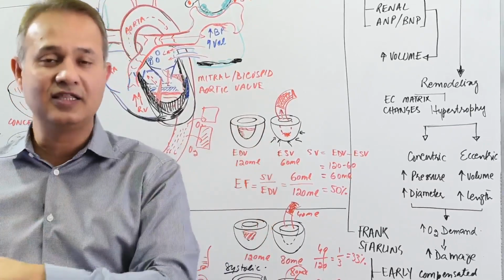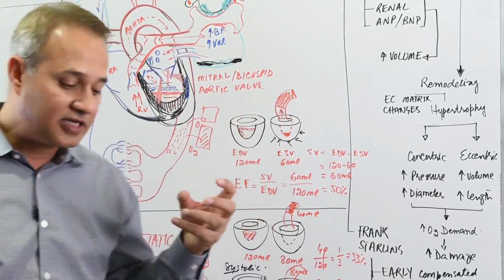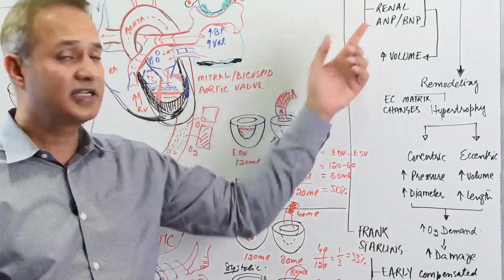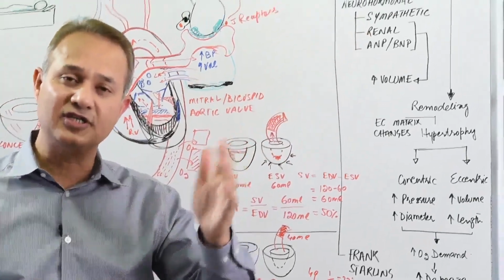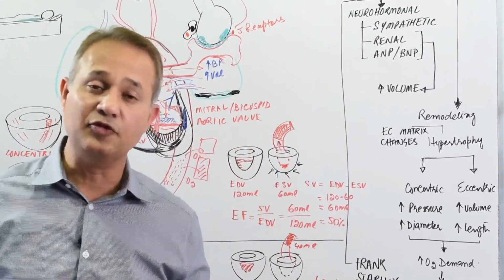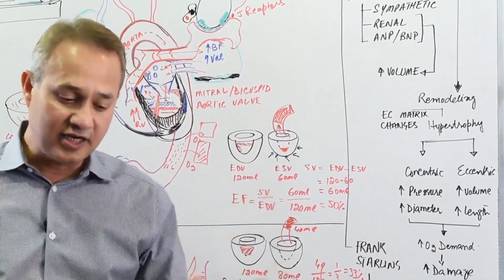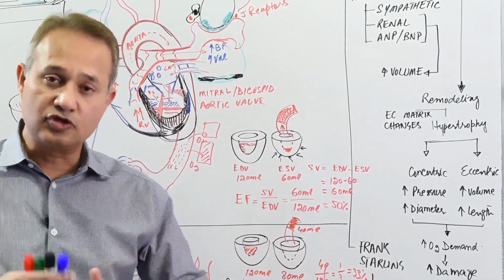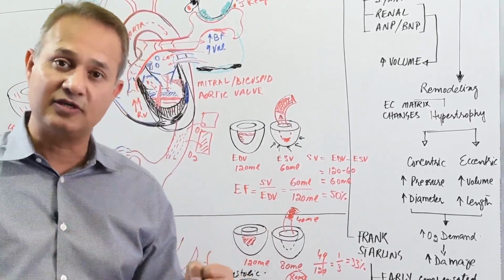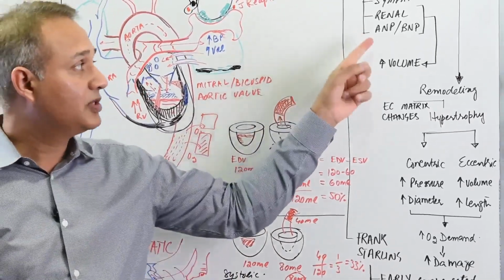We've talked about that in a separate lecture. That increased force of contraction would try to increase the cardiac output. So the sympathetic system would try to increase the venous return and the cardiac output. The renin angiotensin system would become engaged a few days later, as the renal perfusion is low, and then it would try to bring it up. Again, we have a separate lecture about the compensation mechanism and management of cardiac failure. I'm just reviewing that here.